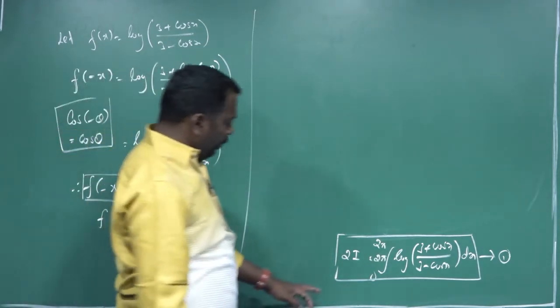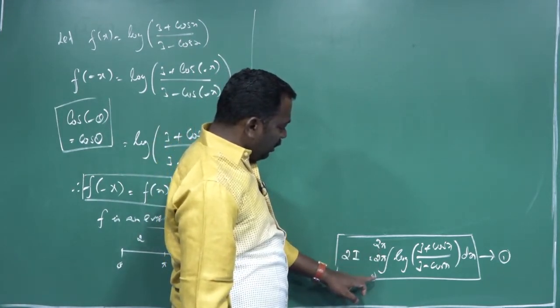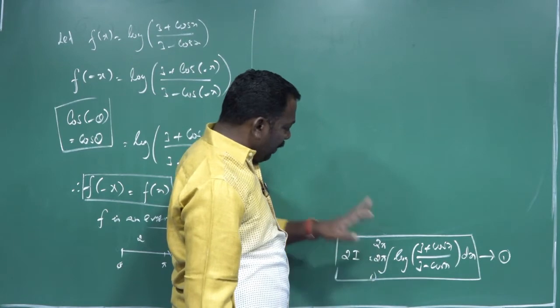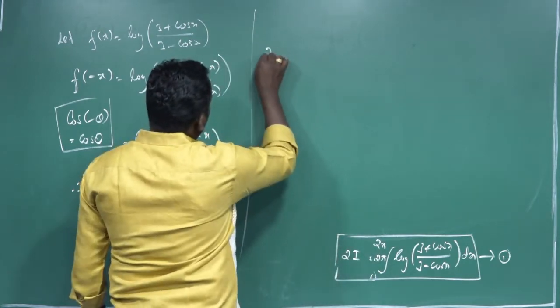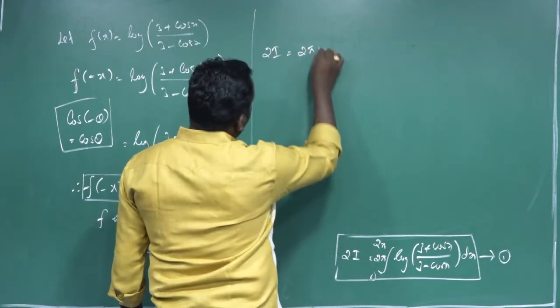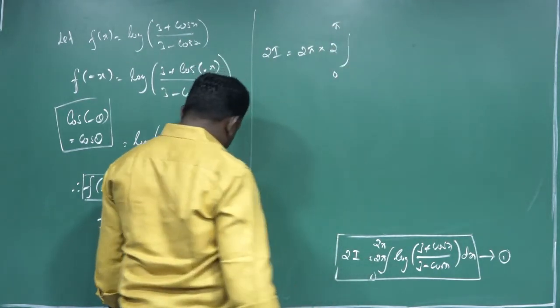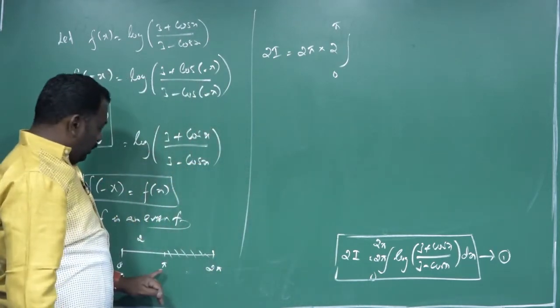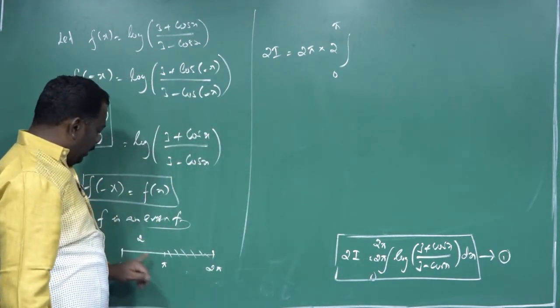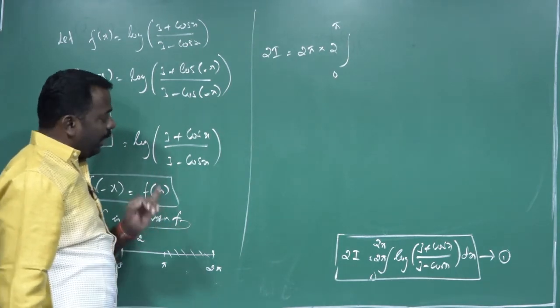So now we continue the integral 0 to 2 pi as reduced, it is 0 to pi multiplied by 2. Therefore 2I is equal to 2 pi, which we already have outside, into 2 into integral 0 to pi. So we reduce the interval, instead of 0 to 2 pi it is 2 times the interval 0 to pi, removing the interval pi to 2 pi.